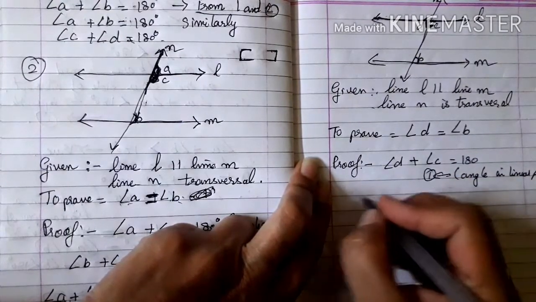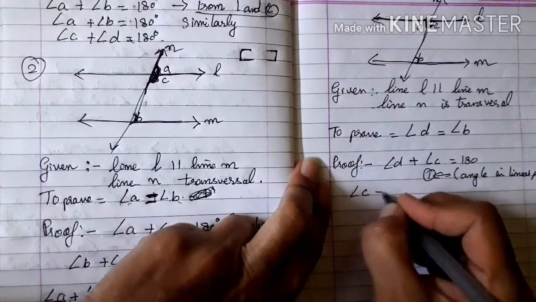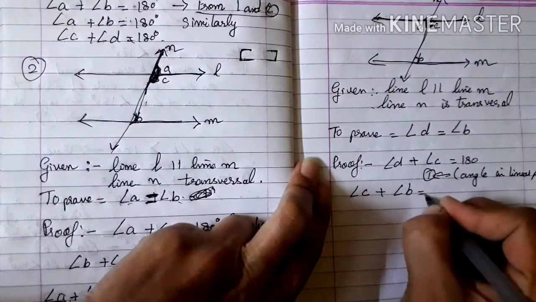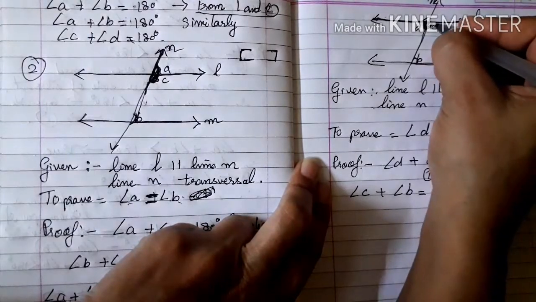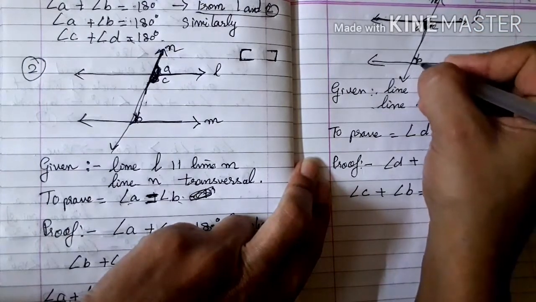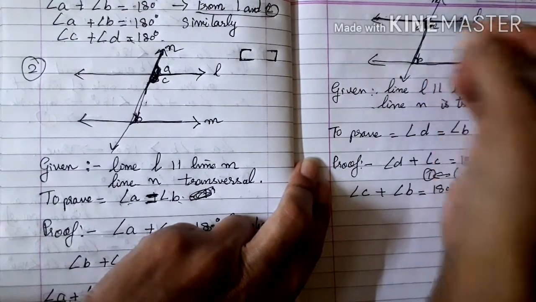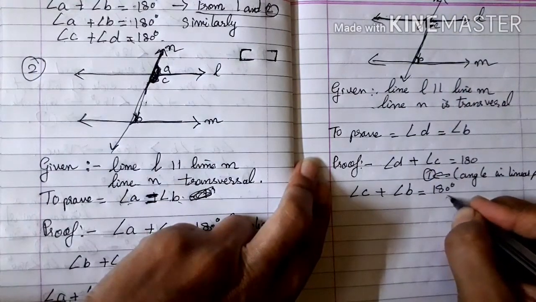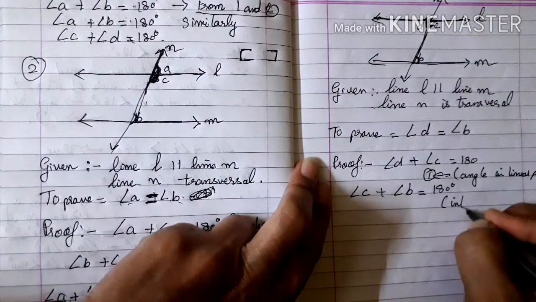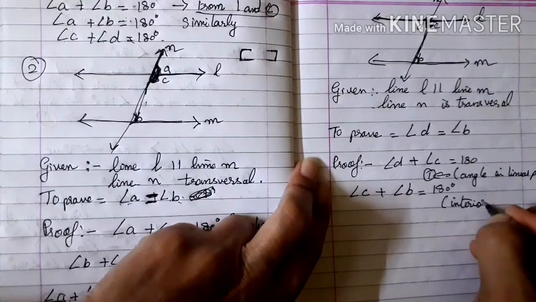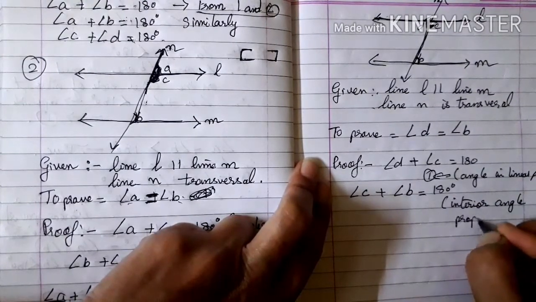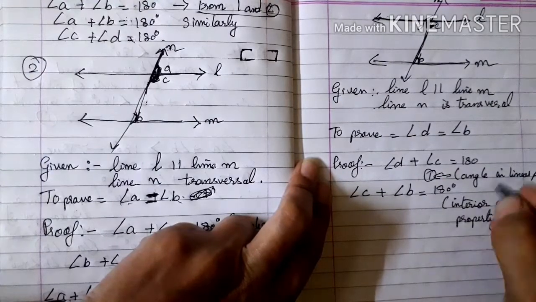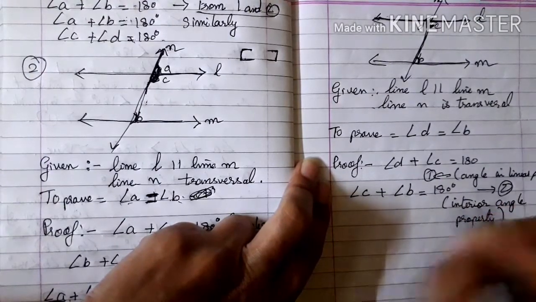The second conclusion is going to be angle C plus angle B is also 180 degrees. The reason you have to give over here is the property of interior angles. Got it? This is supposed to be the second reason.